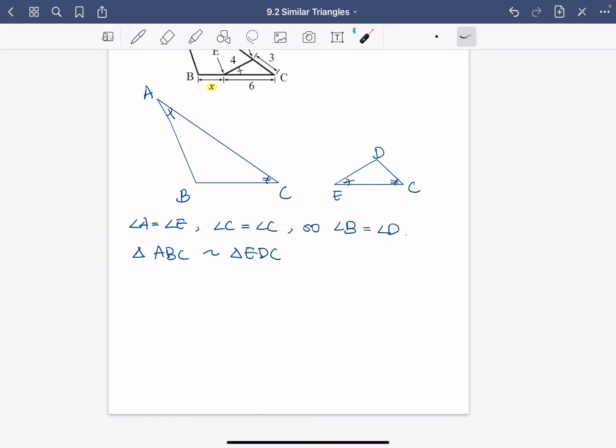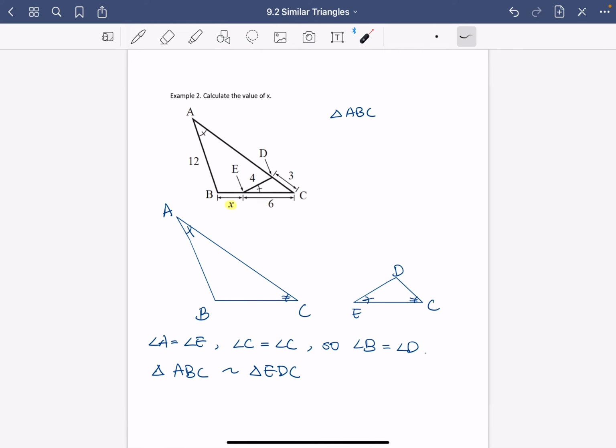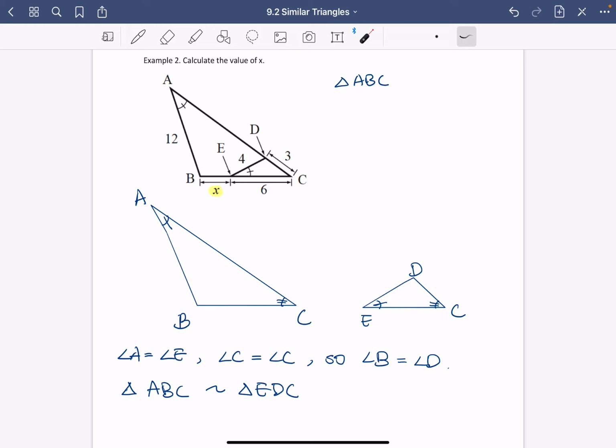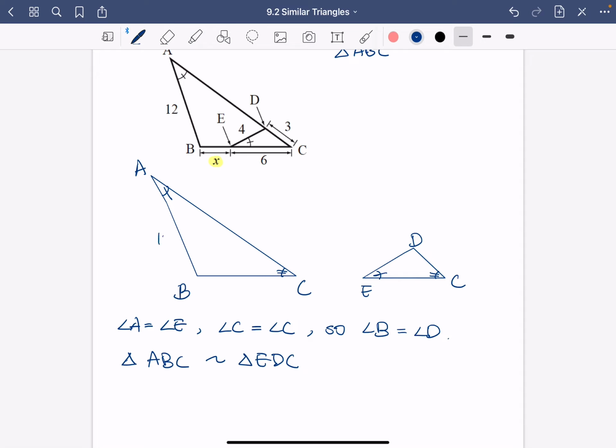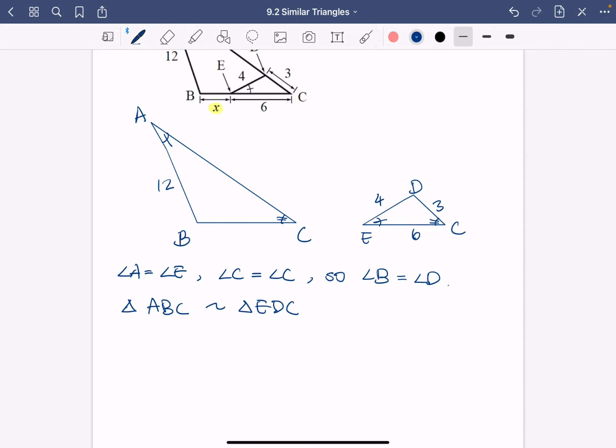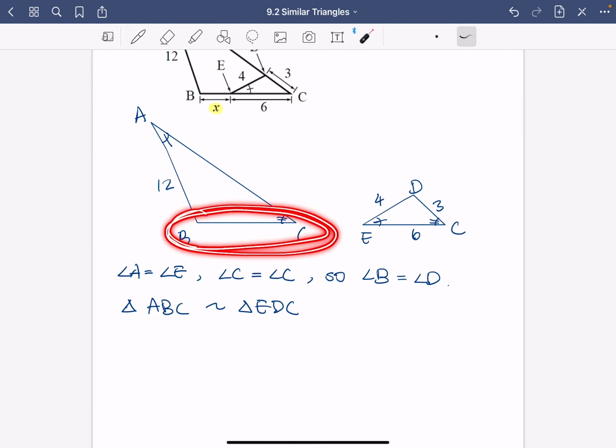Okay, now back to this question. We want to find BC. And what do we know already? We know this length is 12. This is 4. This is 6. And this is 3. Okay, so BC is the side that we wanted to find.